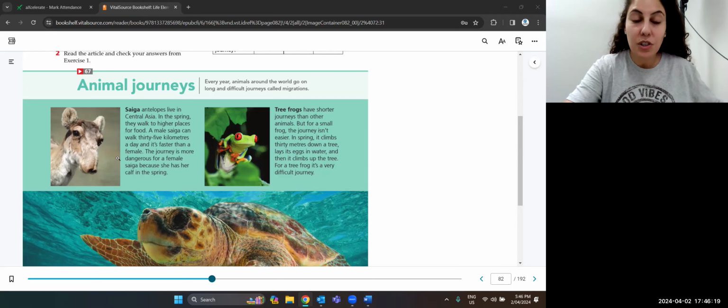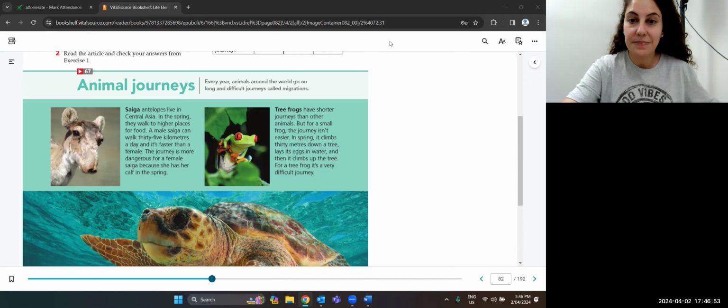The journey is more dangerous for a female saiga because she has her calf in the spring. Okay, we've got some adjectives here. Higher. Faster, that's an adjective. More dangerous. Okay, so those are our adjectives.